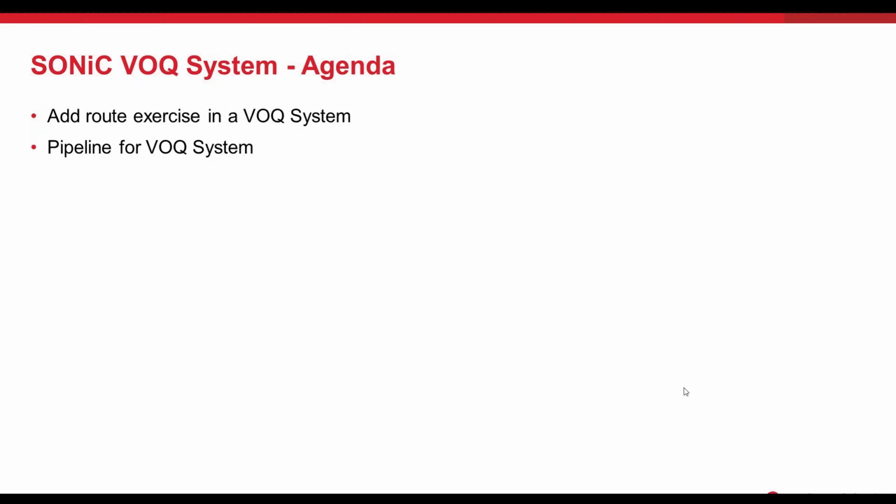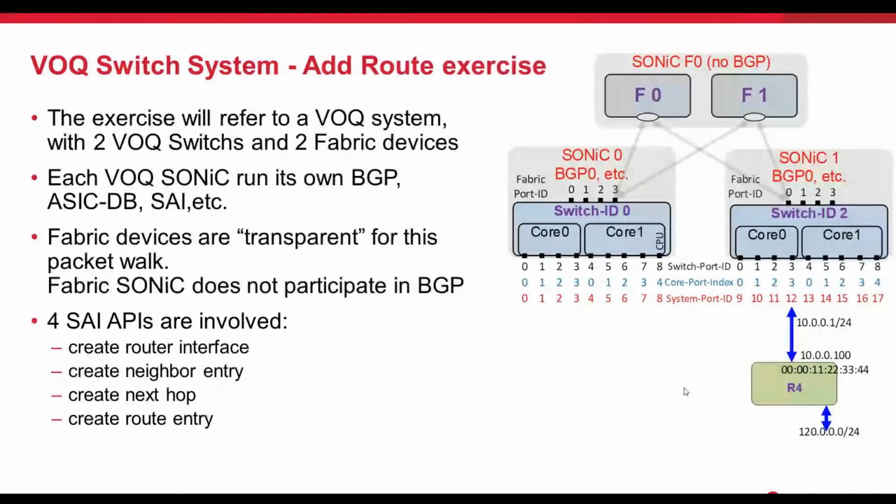Okay. So for the exercise, I used an example of a system with two SONiC VOQ switch devices. One is called switch ID 0, the other one is called switch ID 2. One is managed by SONiC 0, the other one is managed by SONiC 1.